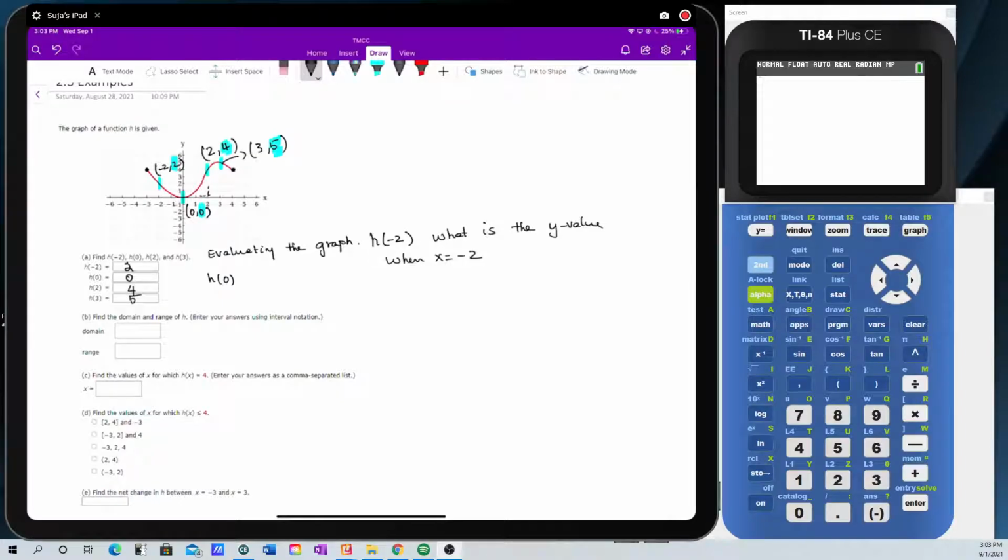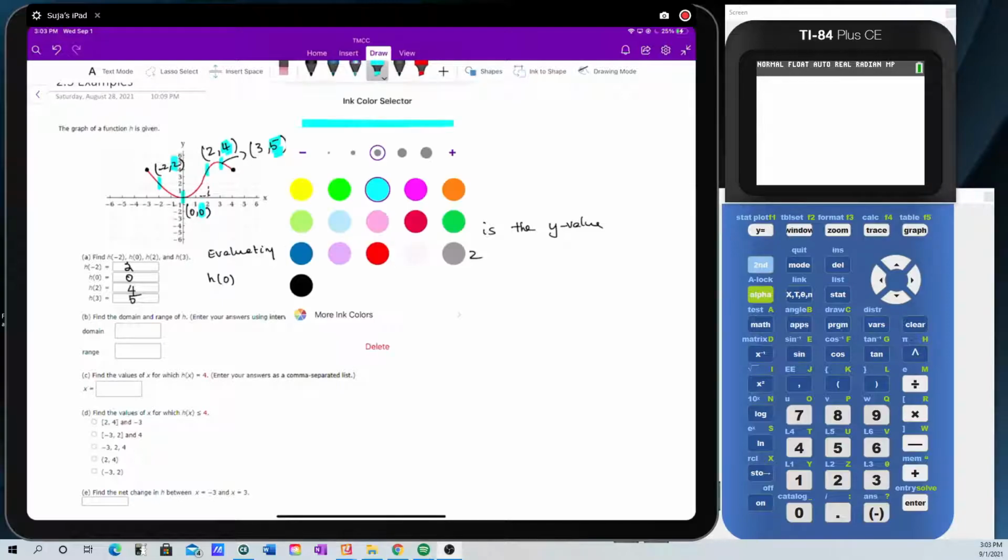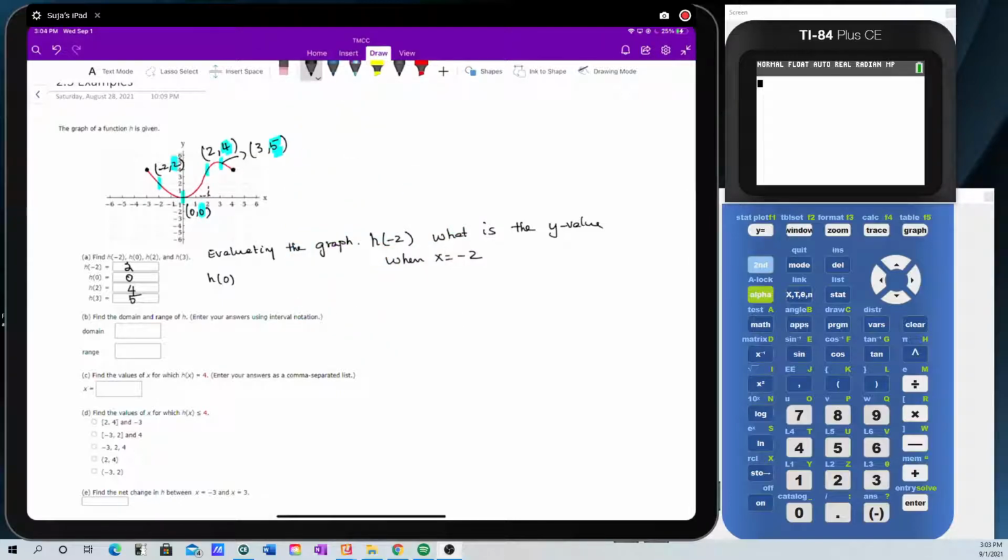Okay. The next one is to find the domain and range of the given function. Now we know domain is all possible x values the function can have, and range is all possible y values the function can have.